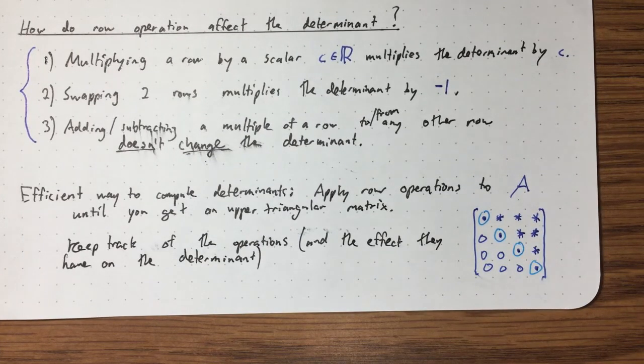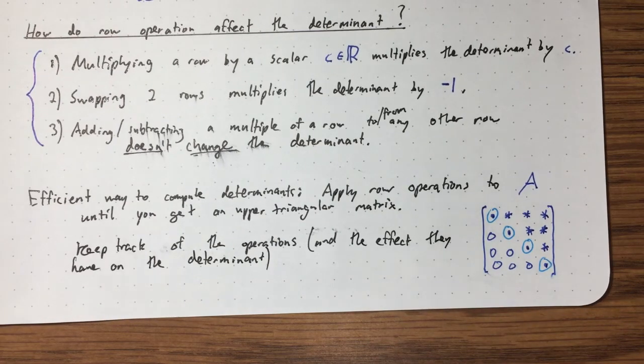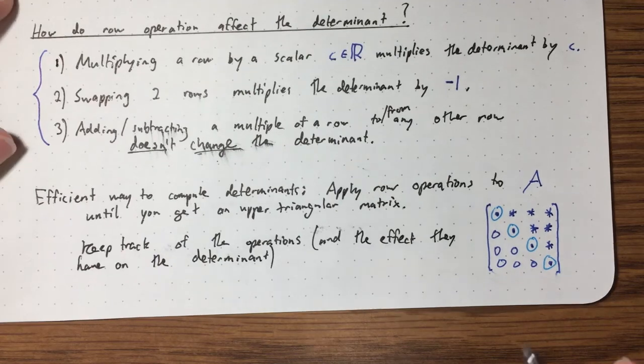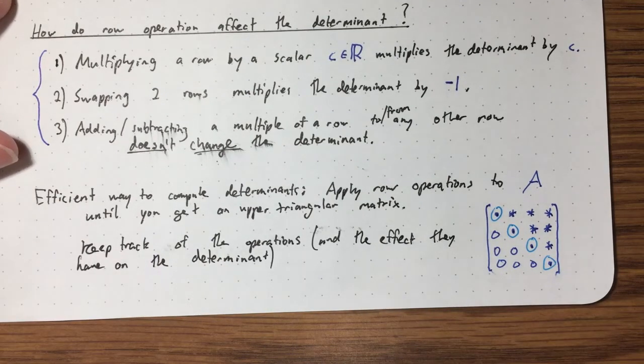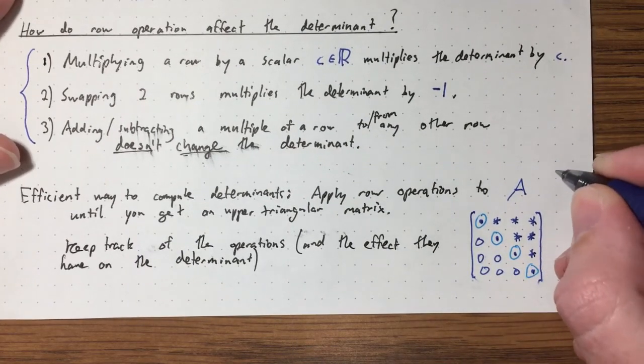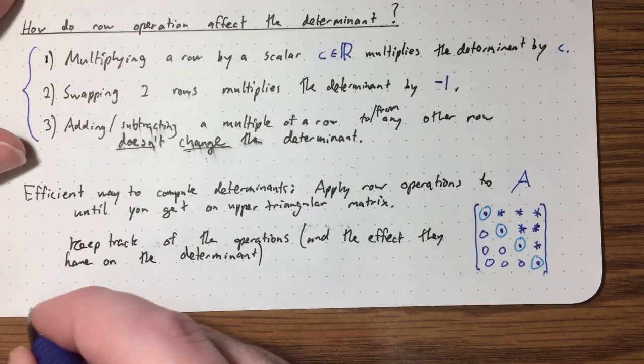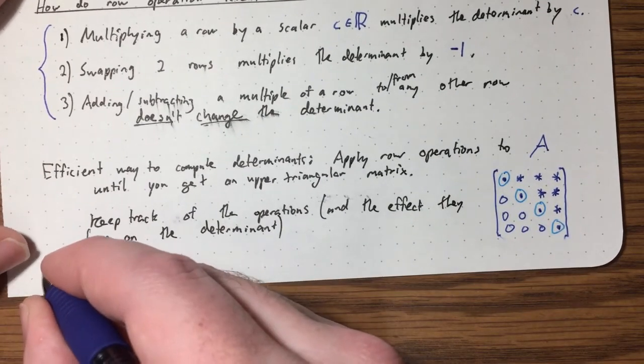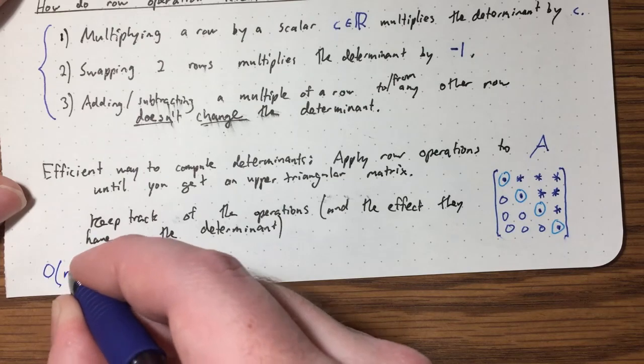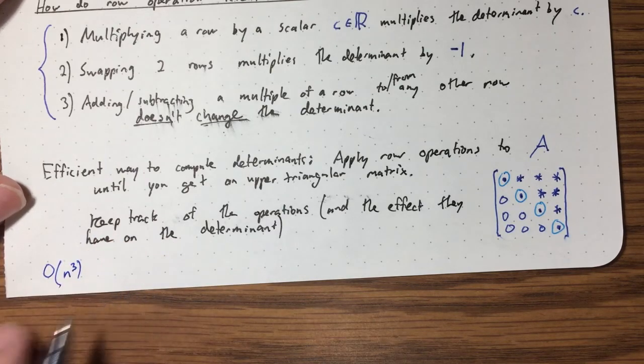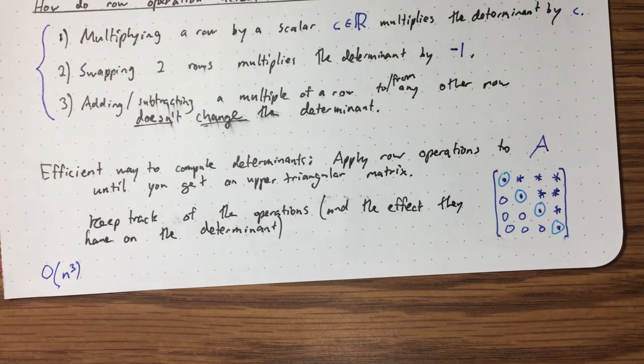Okay. And it turns out this actually has, so if you're into computer science at all, this method for computing the determinant, if A is an n by n matrix, has time complexity big O of n cubed. That's Gaussian elimination. That's the complexity for Gaussian elimination.